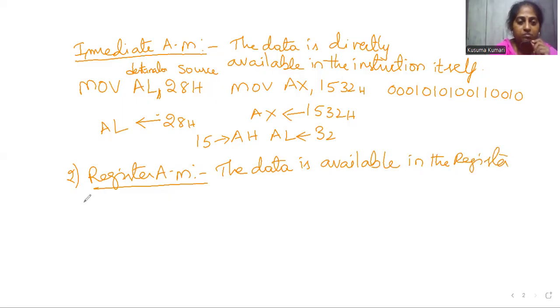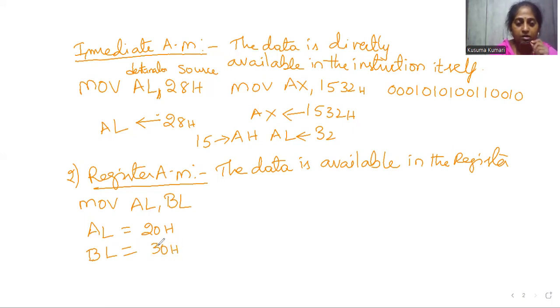For example, I'm writing the instruction MOV AL, BL. So what does it mean? Suppose before the instruction, AL contains 20 hexa and the BL register contains 30 hexa.